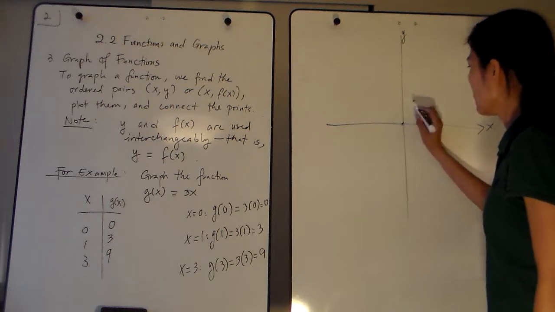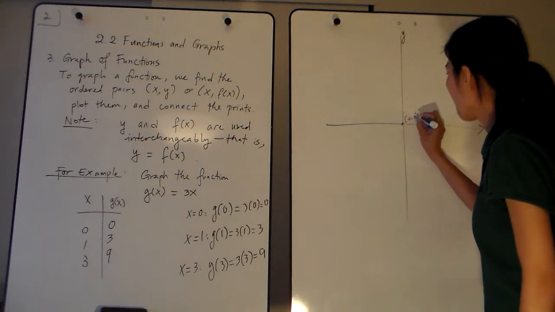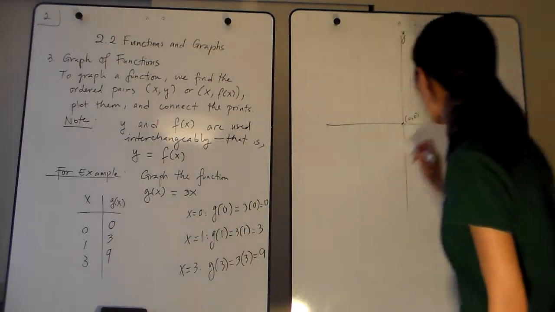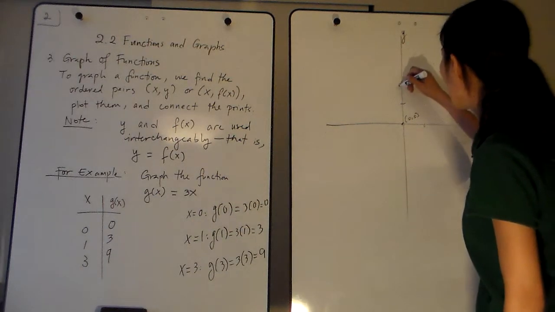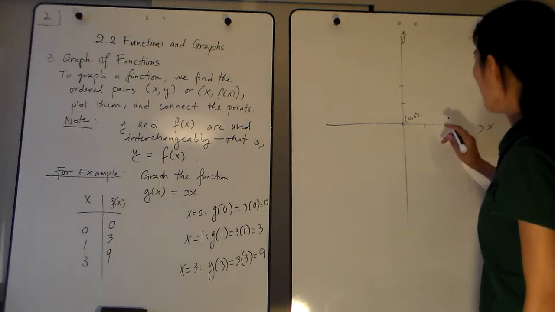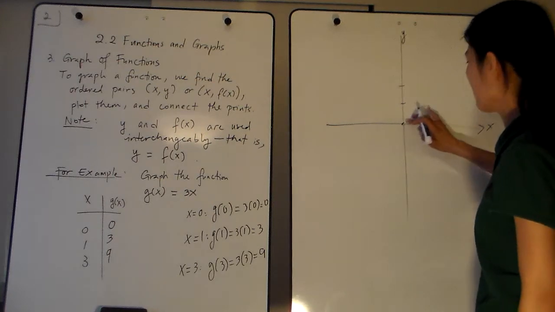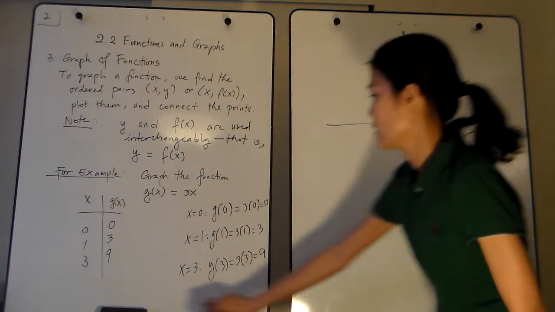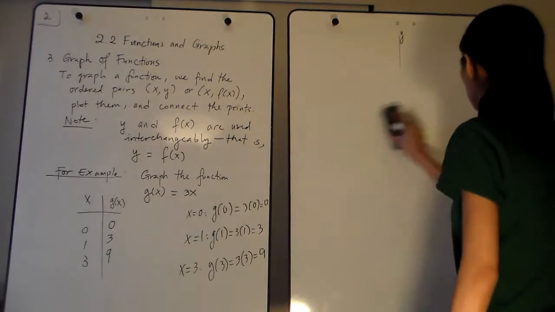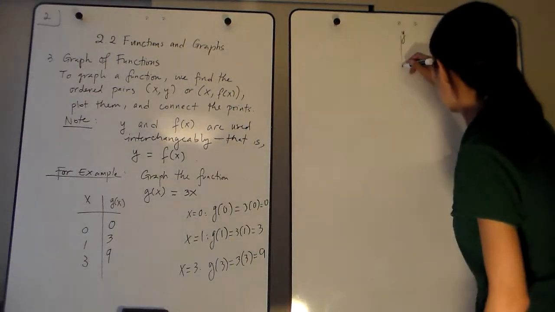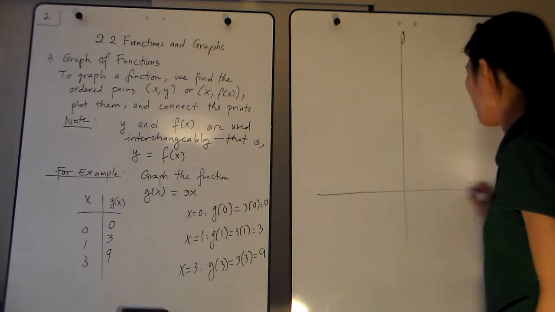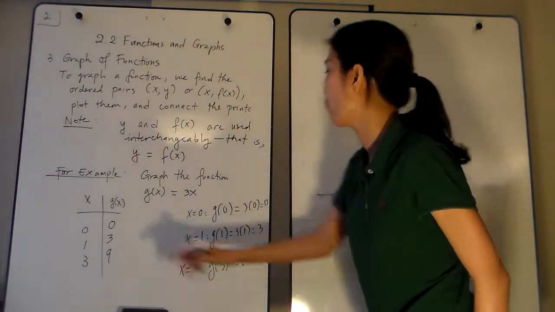So this is the origin, the point (0, 0). When x equals 1, y equals 3. Let me make the scale smaller, because it extends to 9. I'm increasing the positive y axis because we go up to 9 for y.